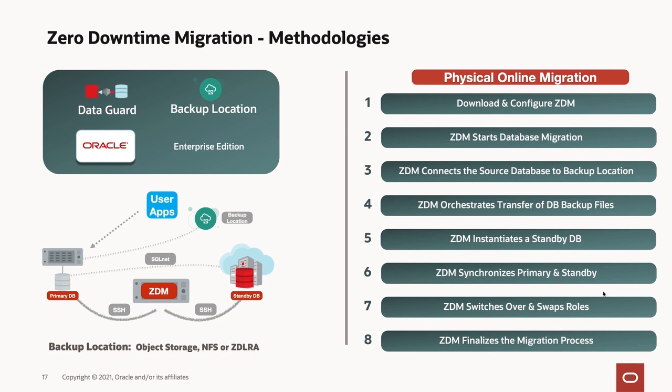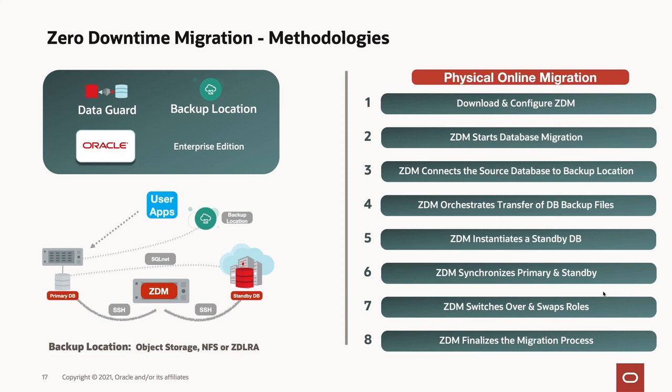Moving forward, we have ZDM's physical online migration. It leverages DataGuard, so it's only for source databases that are Oracle Enterprise Edition. The way it works is as follows. You will download and configure ZDM, provide all the relevant information for the response file, and then issue the database migration command. ZDM will then connect to the source database and the target database, and we'll do checks on each one of them, and then of course connect the primary database to the backup location.